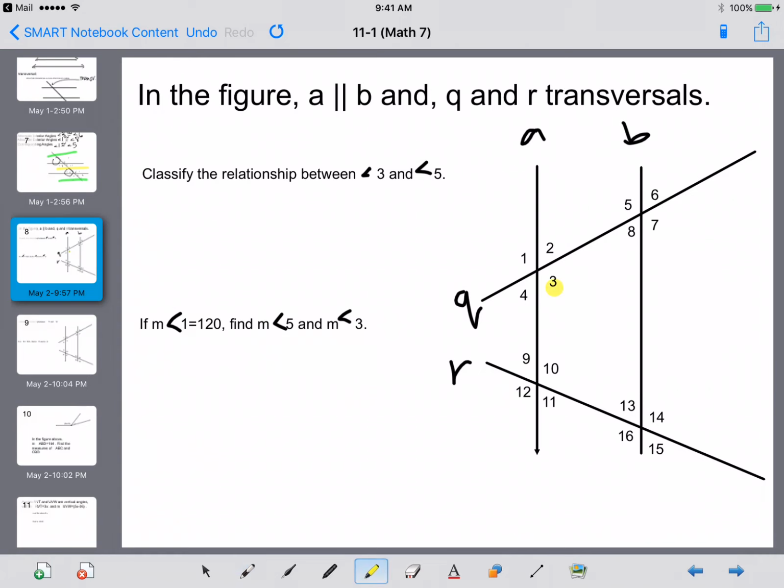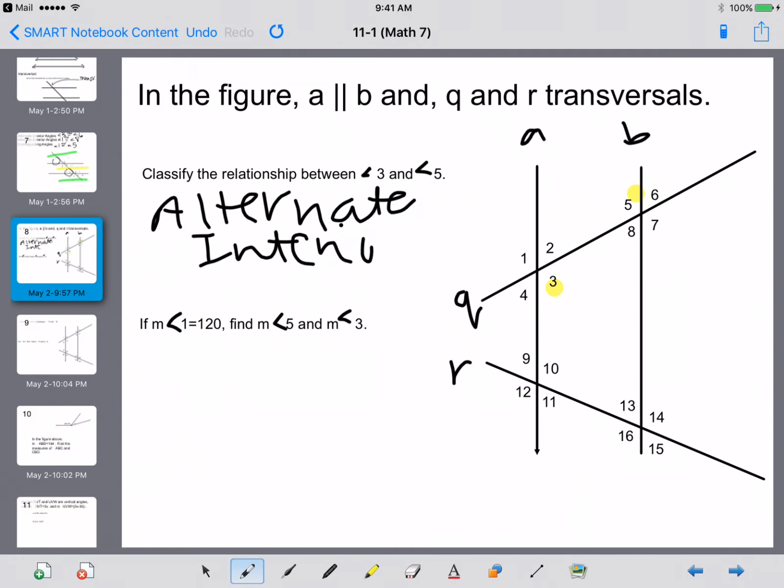I've got 3 right here, and 5 is over here. They're both on the inside of the parallel lines and they're opposite, so they are alternate interior angles.